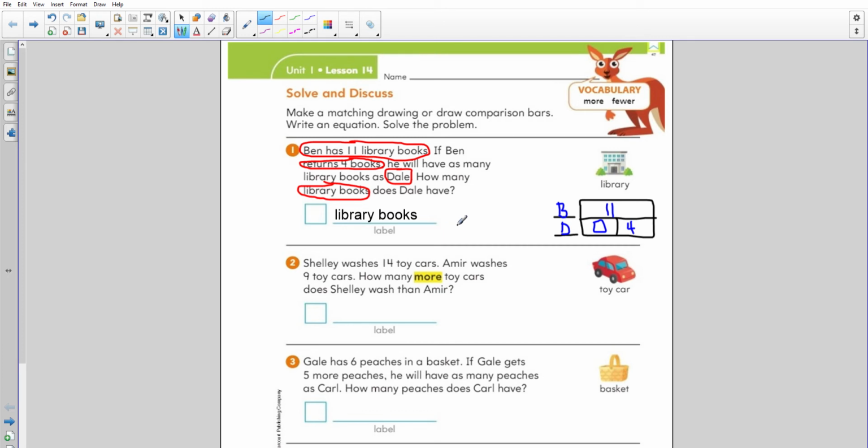From there, friends, I need to go ahead and decide what my equation is. And from there, we said that we use our math mountain to guide us. And so we said a math mountain's kind of hidden in that comparison bar drawing, with the number at the top being the number that we would use at the top of our math mountain. The number in the first box, this one time we don't know what it is, the first addend, and the second number, which we do know is 4 this time, will be the second addend.